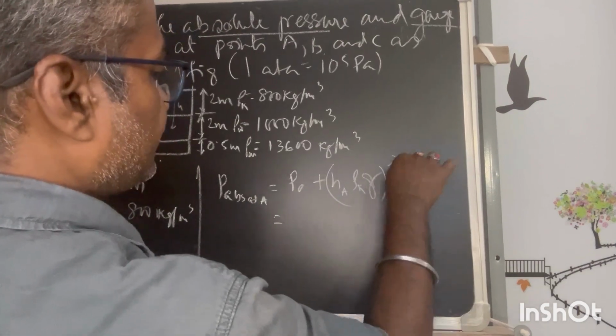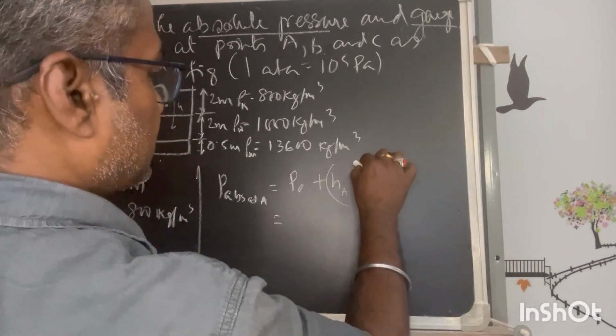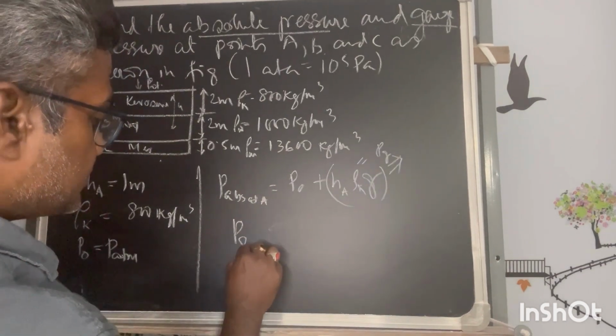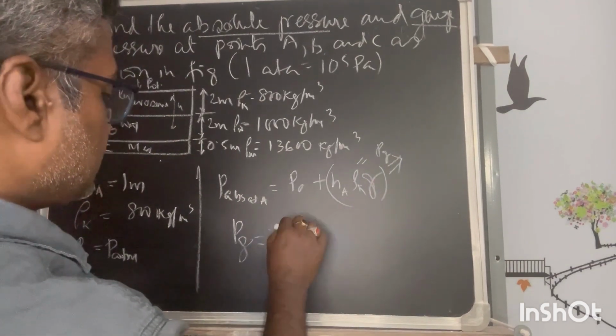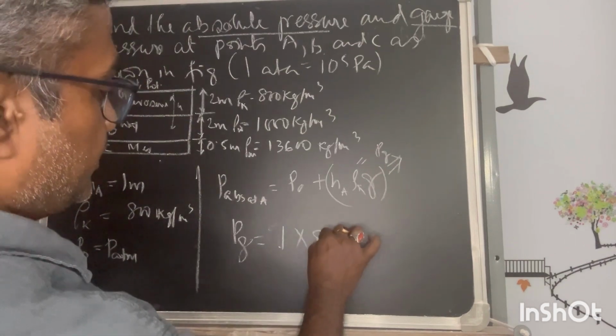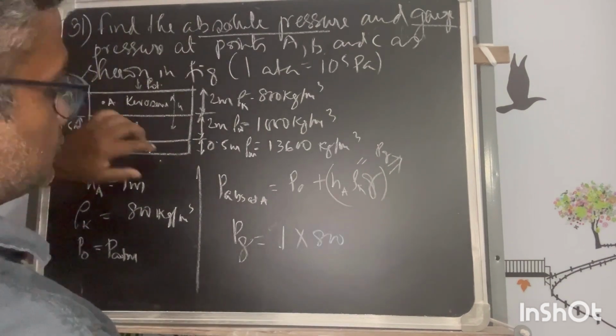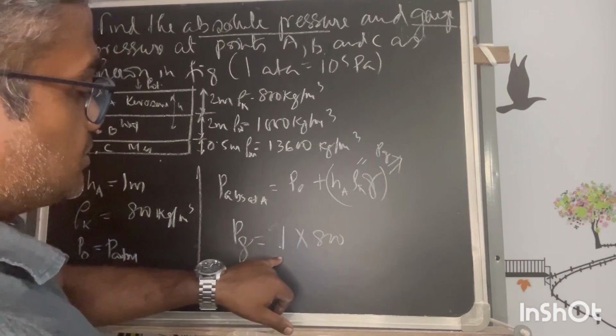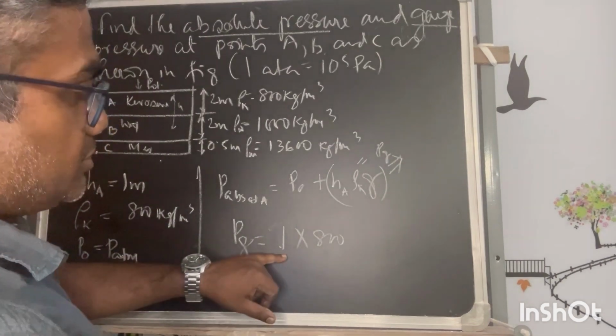If I calculate it separately, P gauge is equal to h, that means 1, into rho of kerosene, 800, and 1 is in meter so I need not change this density unit. This is SI unit, this is also SI unit.